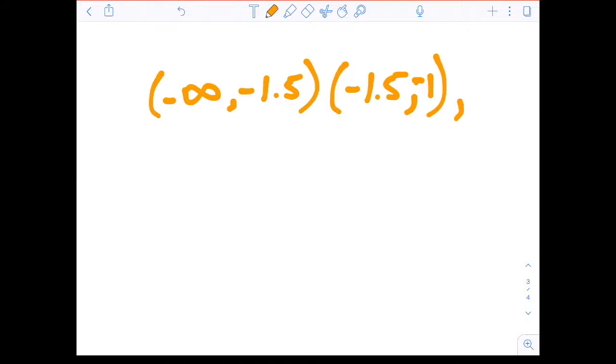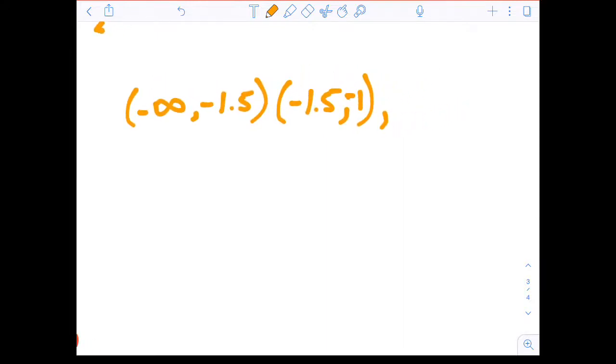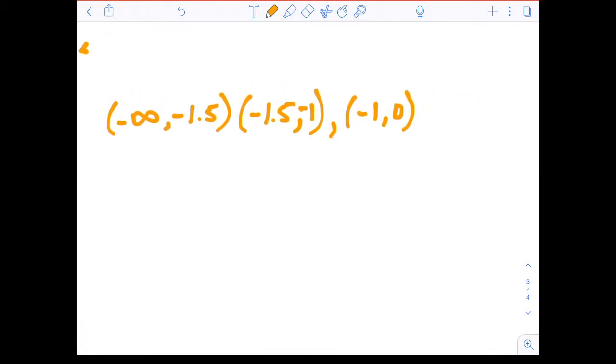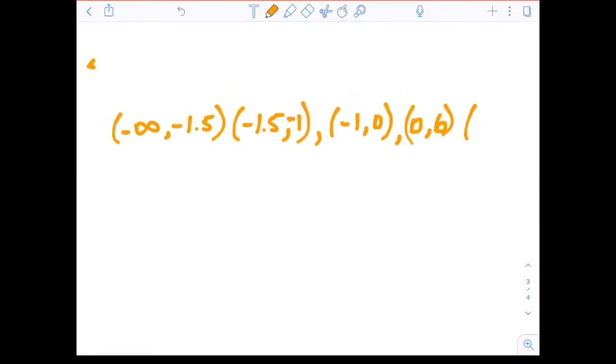Then I'm going to have from -1 to 0. And then 0 to 6. And 6 to infinity. So multiple areas of my graph here.